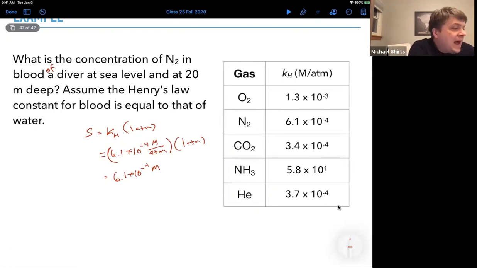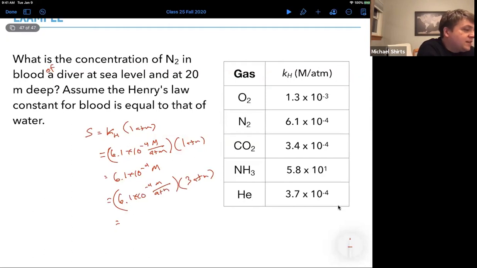What happens at 20 meters deep? Now, there's one rule of thumb you don't have here, is that about each 10 meters, about 30 feet, is equal to about an additional 1 atmosphere of pressure. So if you're at 20 meters deep, about 60 feet, then that is actually going to be about 3 atmospheres pressure. So in this case, it would be 6.1 times 10 to the minus 4th molar per atmosphere times 3 atmospheres.